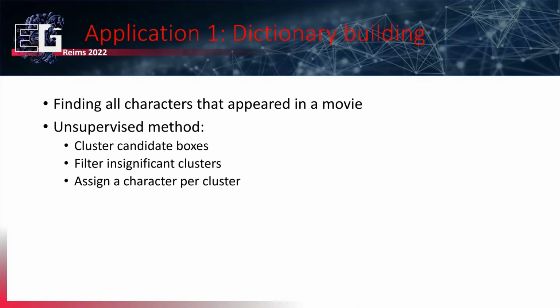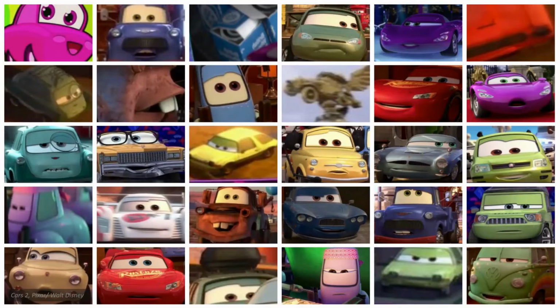The first application we present is building dictionary characters. This unsupervised task requires clustering the detected candidates, filtering outliers, and selecting an exemplar per cluster as the character. Here we can see our dictionary derived from the full-feature film Cars 2, which is part of the SAILA MCD test dataset by Somandepalli et al.